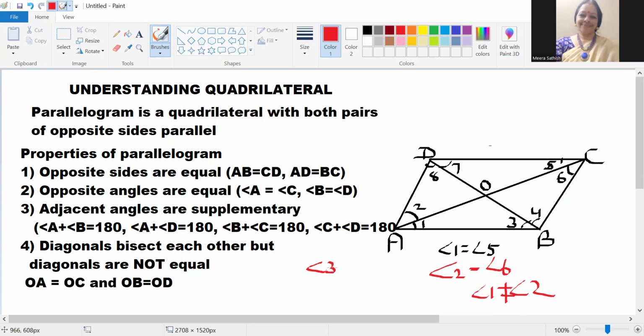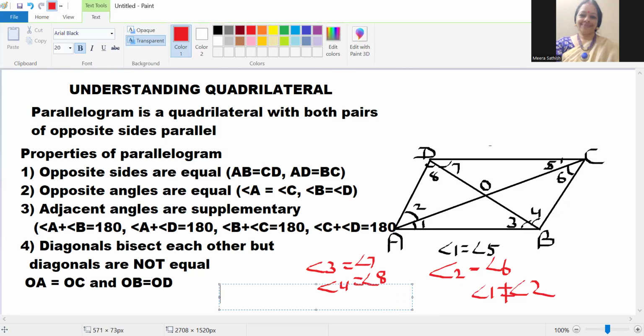Angle 4 is equal to angle 8. What is the reason? All are alternate angles. Clear? Okay. Now, so these are the properties of parallelogram.